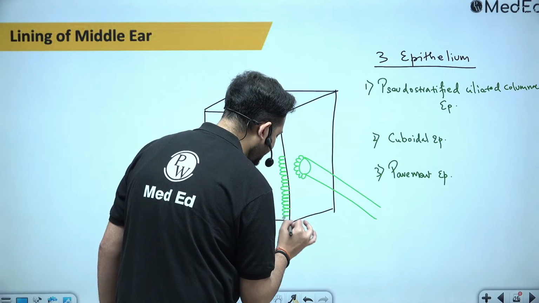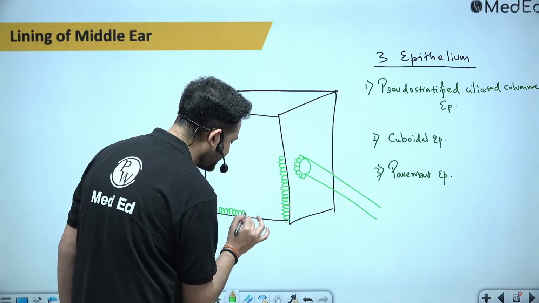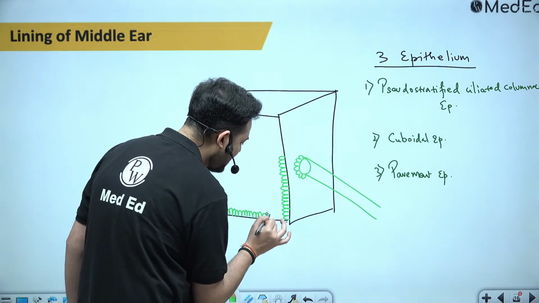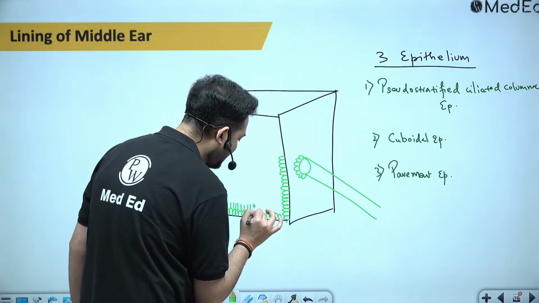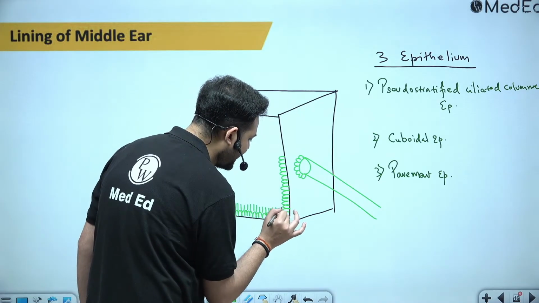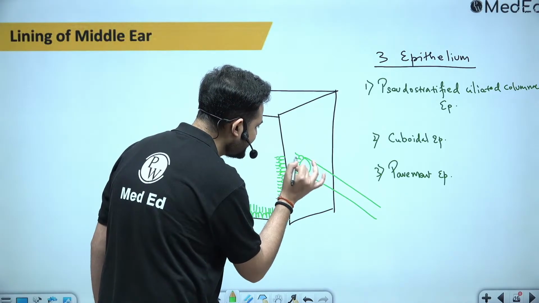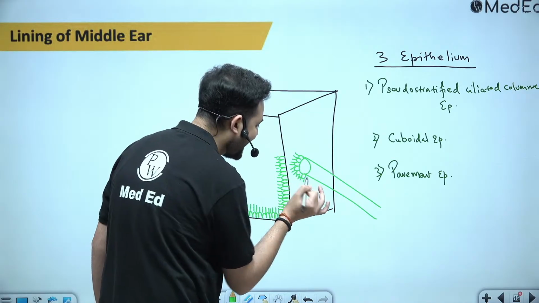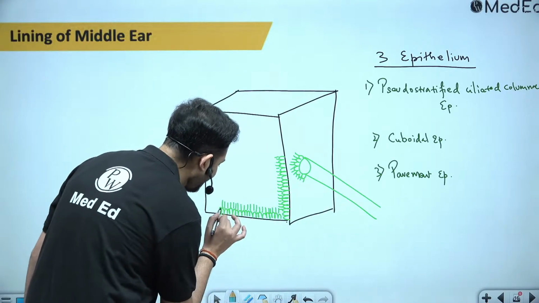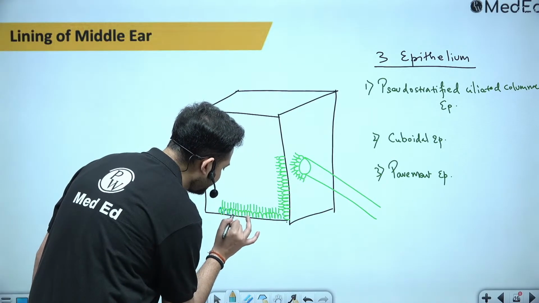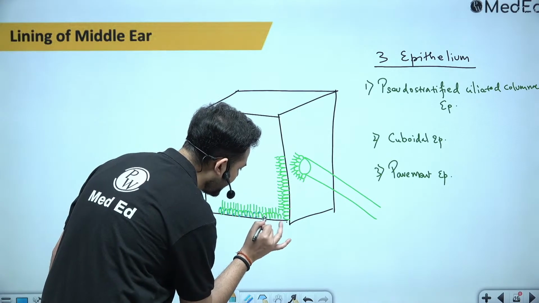Now ये क्या होता है? What does this pseudostratified mean? Pseudostratified का मतलब होता है that actually it is a single row of cells, but they appear to be multiple over in the microscope because they have got nucleus at different level. So we can call it pseudostratified ciliated columnar epithelium.